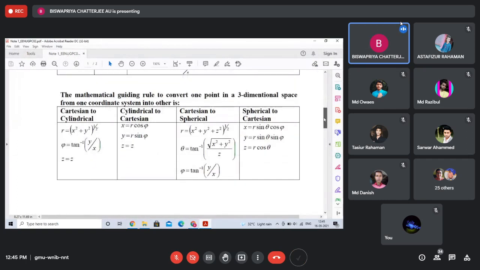If you go through the notes, you will see them. They are the mathematical guiding rules to convert a point in three-dimensional space from one coordinate system to another. They are already given, so you can take reference from here.